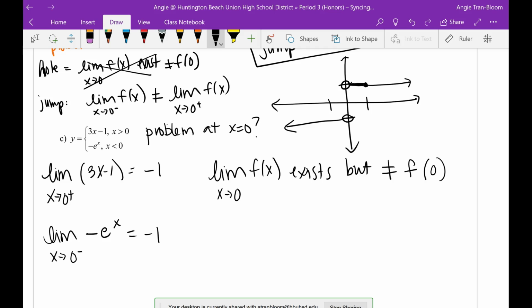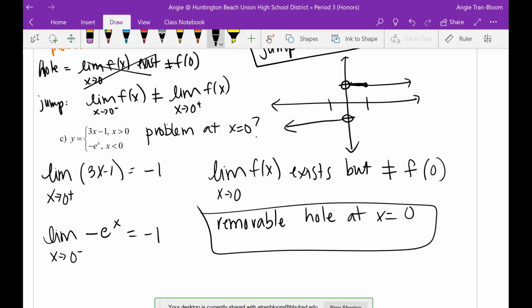It's a hole. Is it removable or non-removable? Is a hole always removable? A hole is always removable. Removable hole at x equal to what? 0. Beautiful.